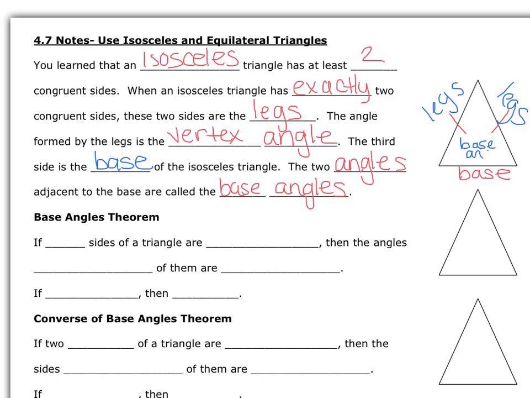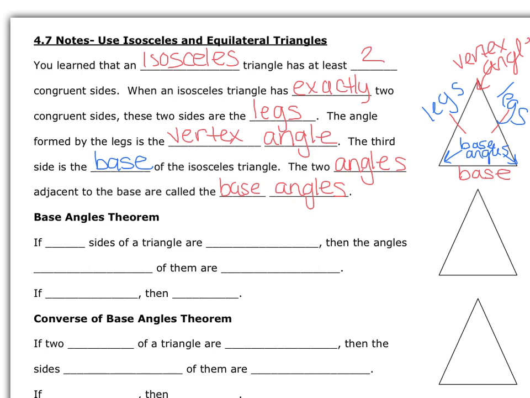Remember that word again, adjacent means next to, touching, sharing something in common with the base. So these are the base angles. And up here, this is the vertex angle.